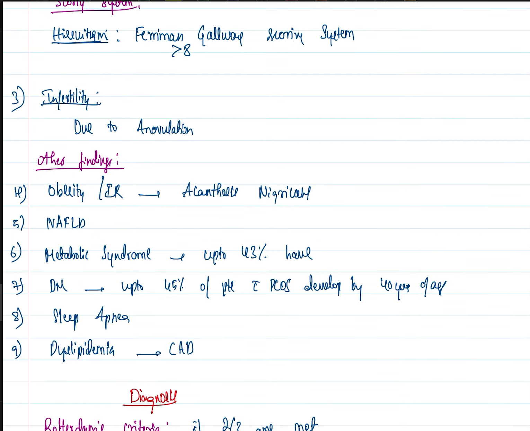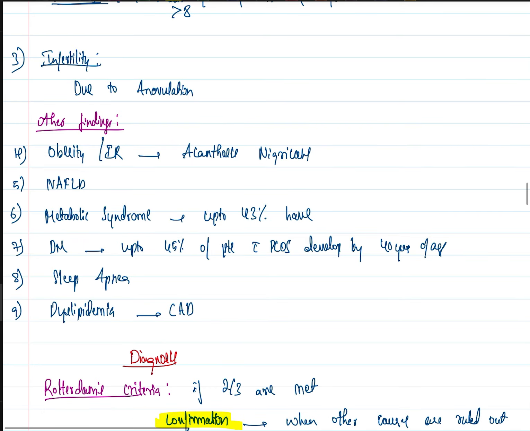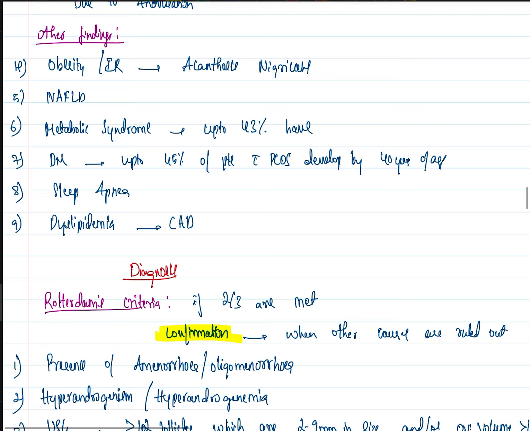Up to 43% will have metabolic syndrome, and up to 45% will have diabetes mellitus or develop it by 40 years of age. And because of the obesity, they can have obstructive sleep apnea and increased risk of coronary artery disease. Okay, these are the clinical features.